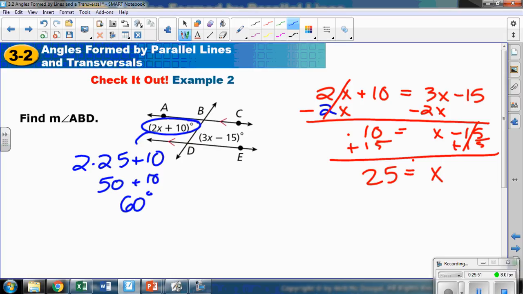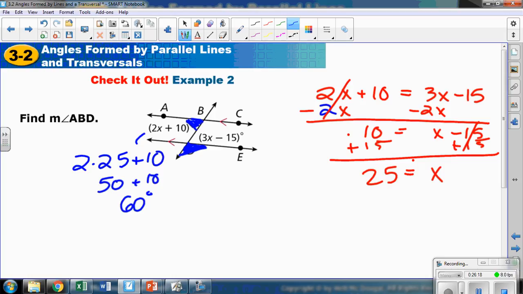Once again, remember, whichever two angles you pick, there are only two possibilities. They will be congruent or they will be supplementary. The stuff that we've just done in blue has told us this is a 60-degree angle, and we want to know how big is that one. We'll just look at them. Are those congruent or are they supplementary?